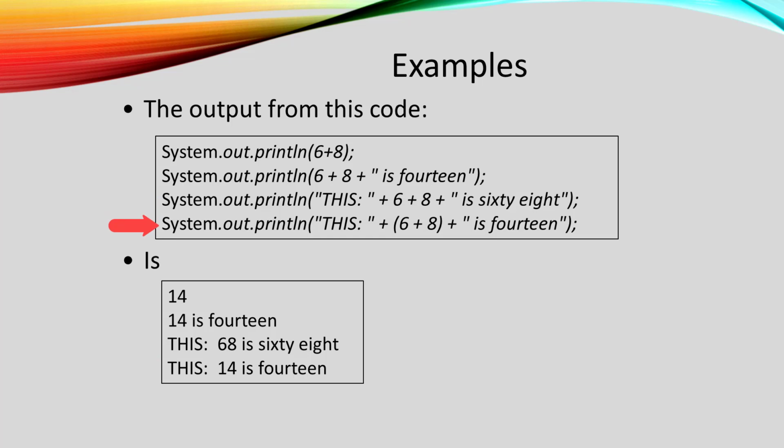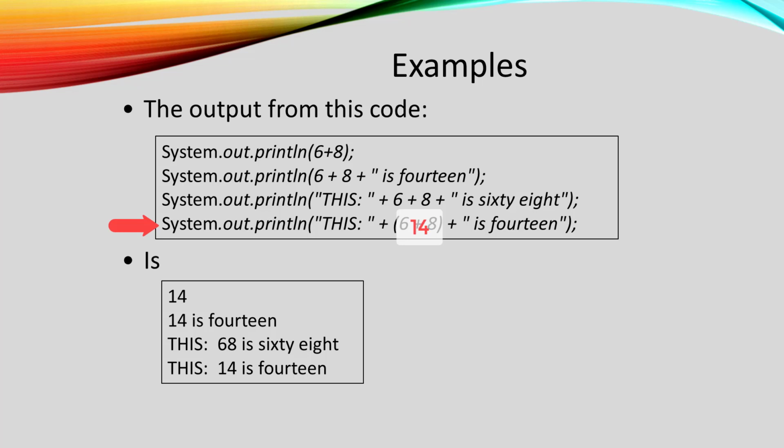Now, just like in math, we can change the order by putting in parentheses. So where we would normally do the pluses from left to right, in this last example, because the 6 plus 8 is in parentheses, it's going to get executed first. That's going to be addition because 6 and 8 are both numbers. So that center part of this is going to become 14.